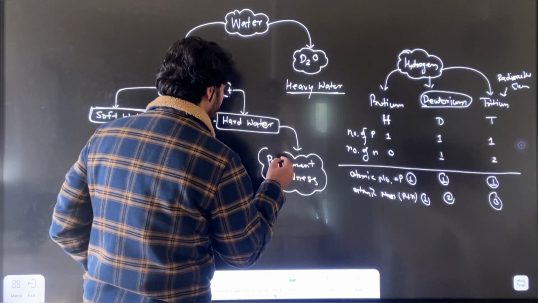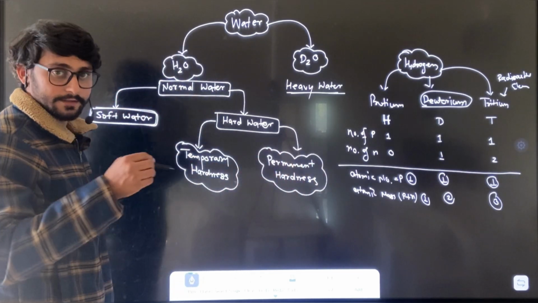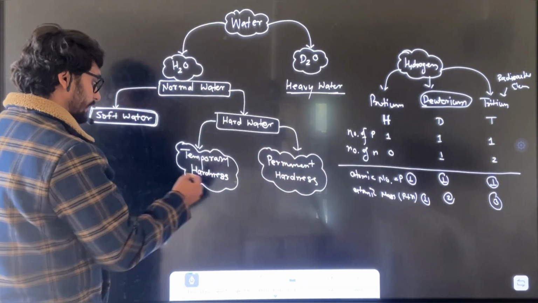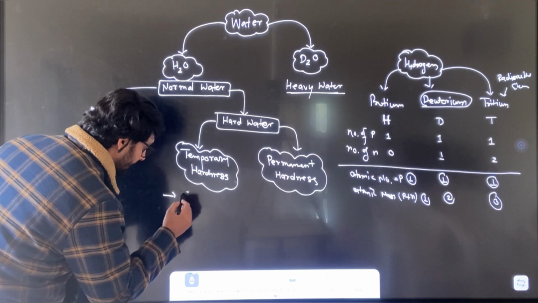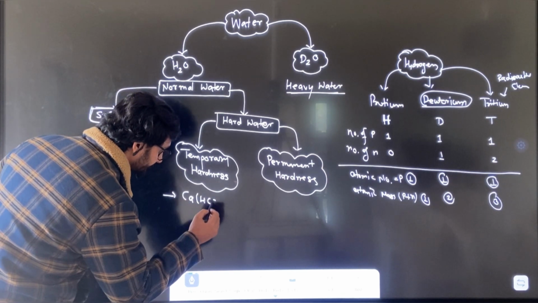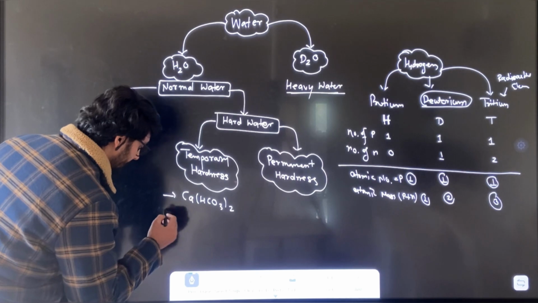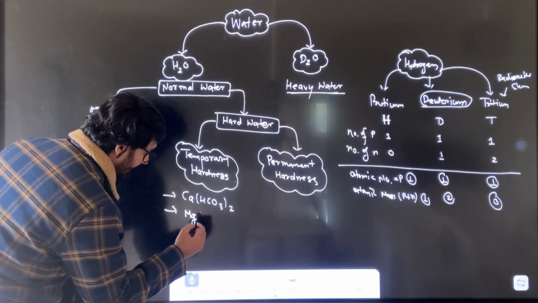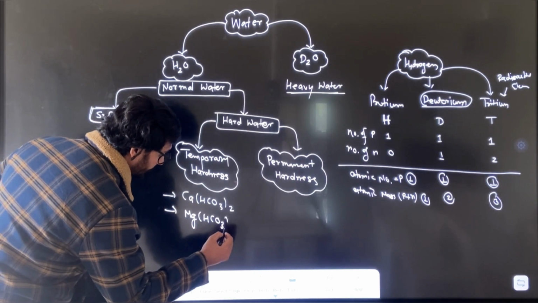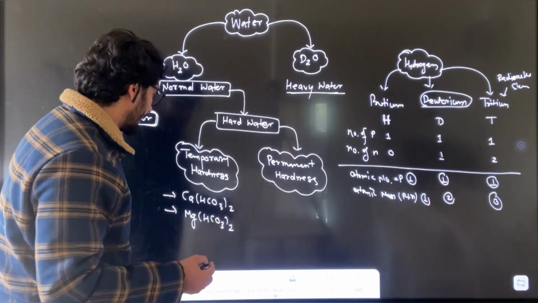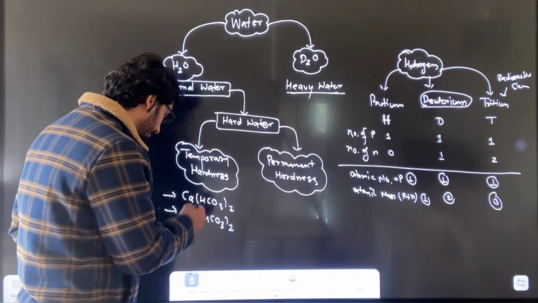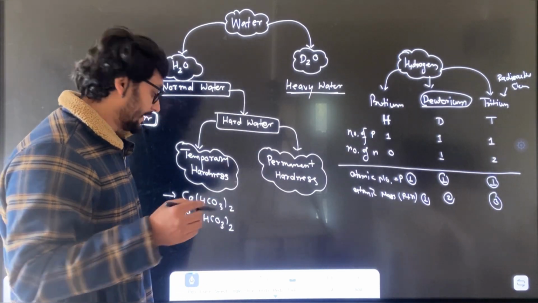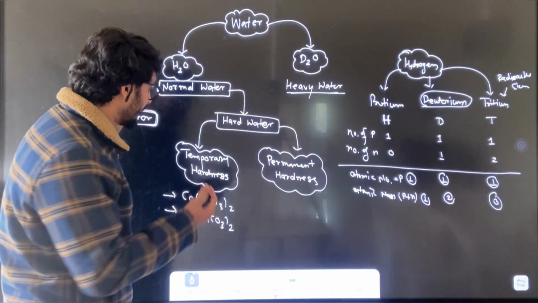On the basis of the salts dissolved in water, we can classify hard water into two types. If salts like calcium bicarbonate and magnesium bicarbonate are dissolved in water, then the hardness is known as temporary hardness.